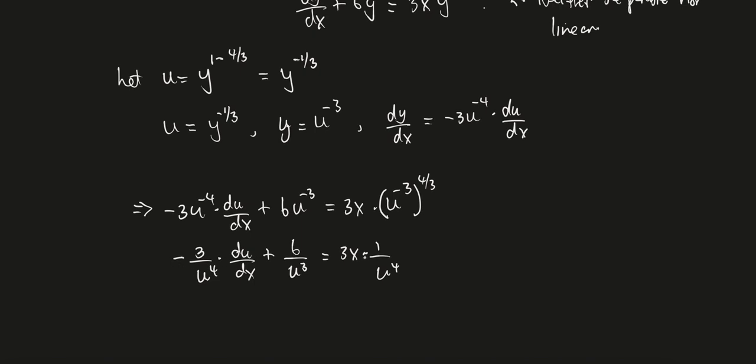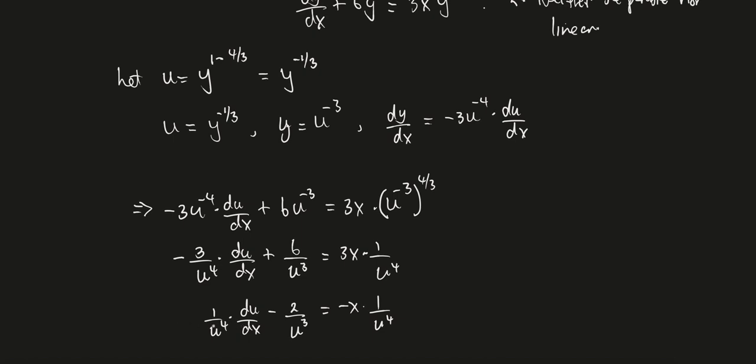Again, we can do this in stages so that the algebra doesn't get too convoluted. Let's now divide each term by -3, starting with the constant. I'll have 1 over u to the 4th times du dx, and then dividing a positive 6 by -3 makes it -2 over u to the 3rd power. Then the equal sign, and this becomes a -x, and I still have my 1 over u to the 4th.